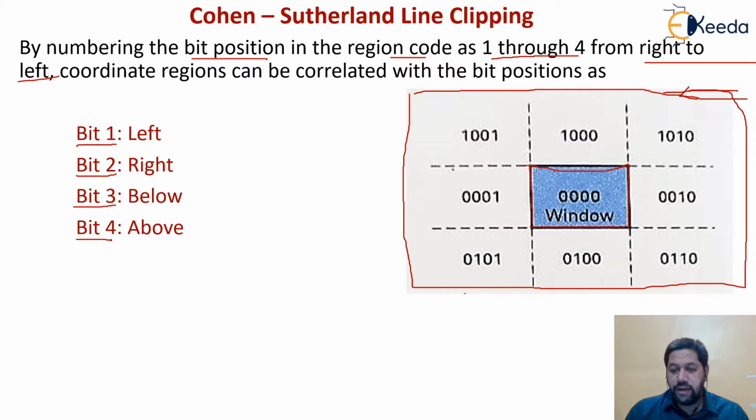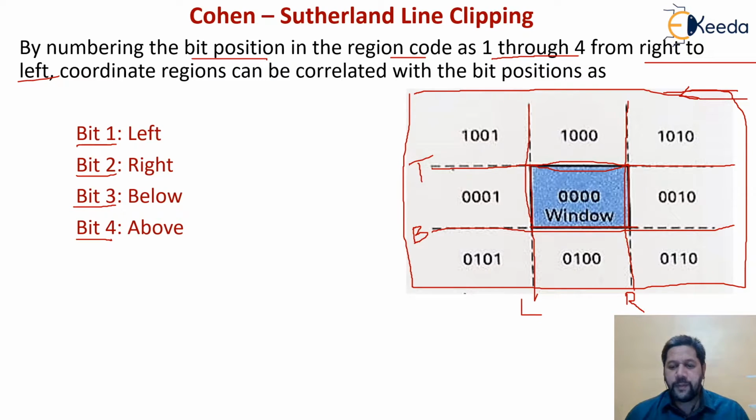Obviously in my clipping window, this is my left edge of the window, this is my right edge of the window, this is the bottom edge of the window, B stands for bottom edge, and this is going to be the top edge of the window. So this is my endpoint codes, this is my window, and these are my different edges.